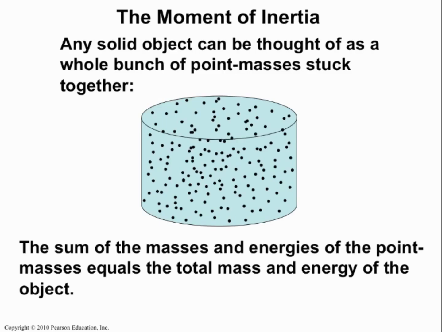All right, let's say that you have a certain momentum as you're traveling in your car. Well, your total mass times your velocity equals the mass times the velocity of every little cell in your body. So it's really just the whole is the sum of its parts. There's nothing new here, right? The whole is the sum of its parts. So the masses and energies of all the point masses equals the total mass and energy of the object.